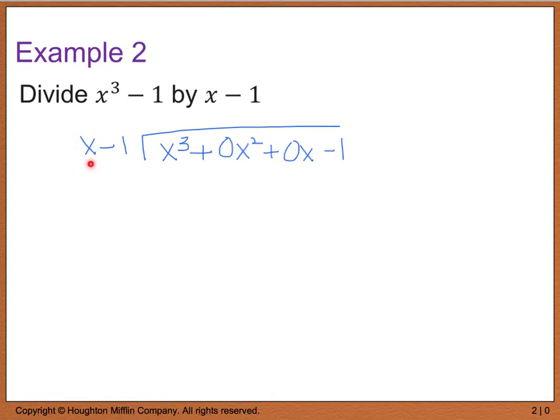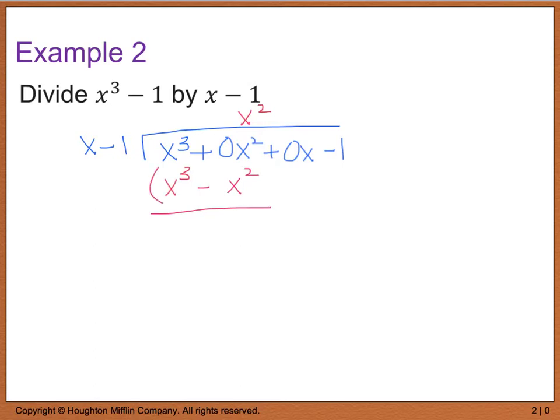So I'm going to see how many times this x goes into x cubed. So x times x squared will give you x cubed. Now typically, if you notice too, I'll put my x squared terms above my x squareds, my x's above x's, and so on. Then I'm going to go negative 1 times x squared will give me a negative x squared.